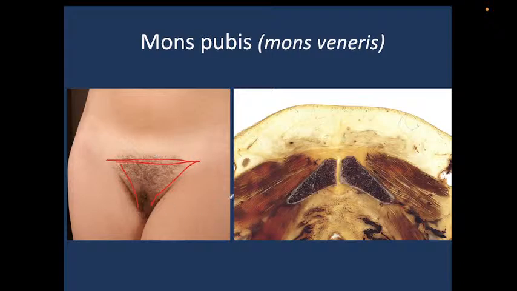The inguinal folds serve as a lateral border of the pubis, and it is an interesting fact that pubic hair, unlike other hair located on the head or the axillary cavity, has a very specific structure.